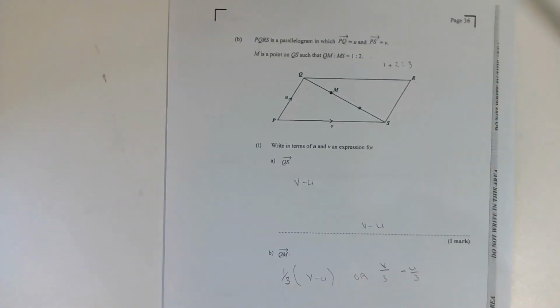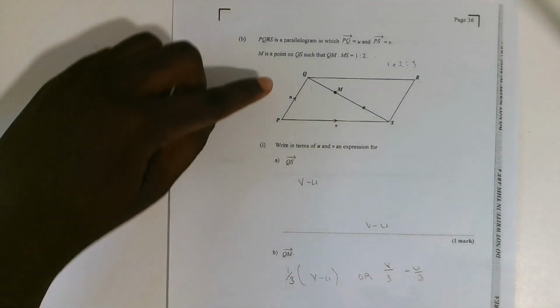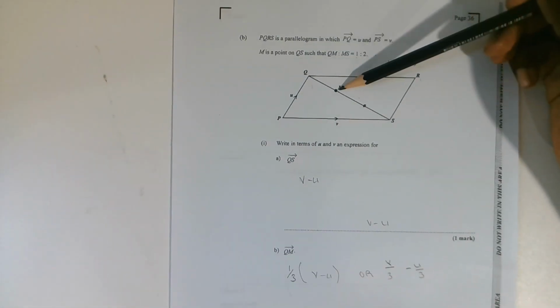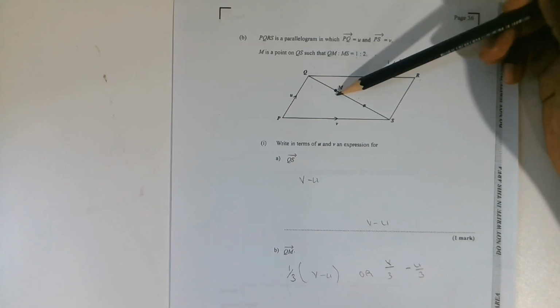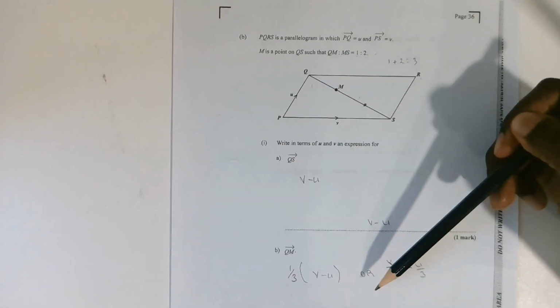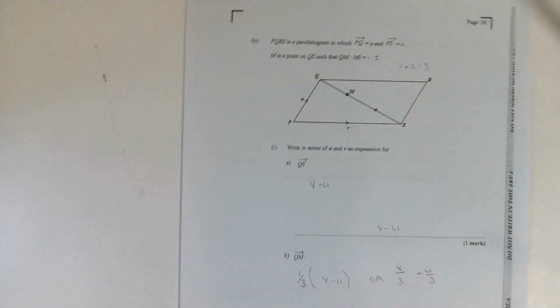Vector MQ: we found vector QM before, so vector MQ is the opposite direction. Therefore it's going to be minus vector QM.